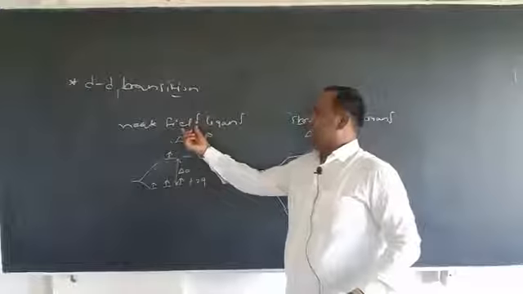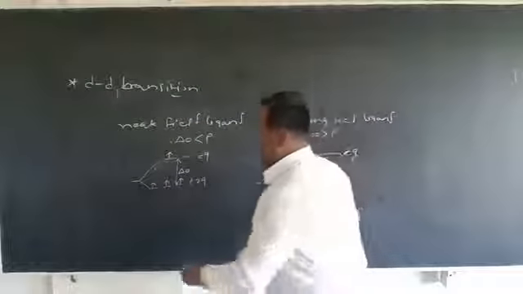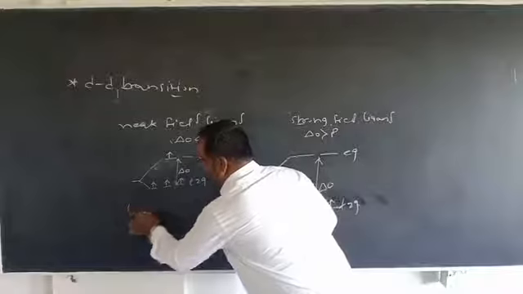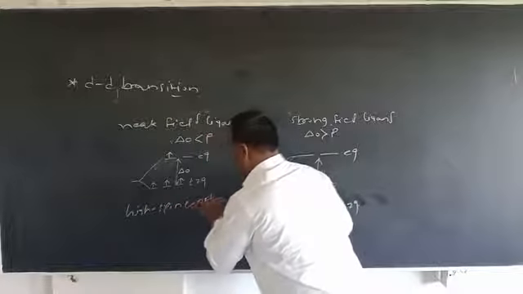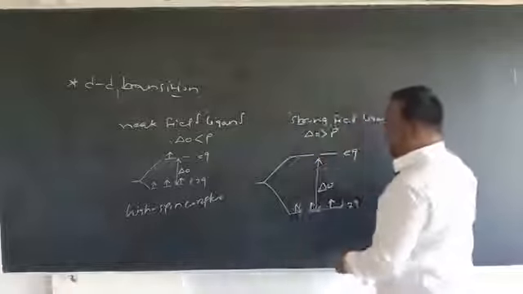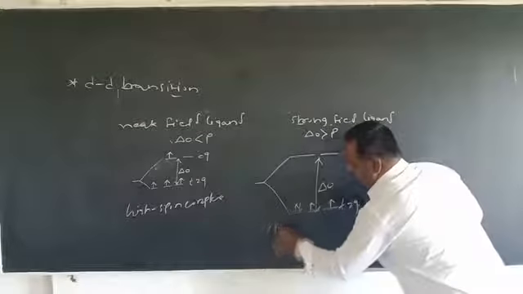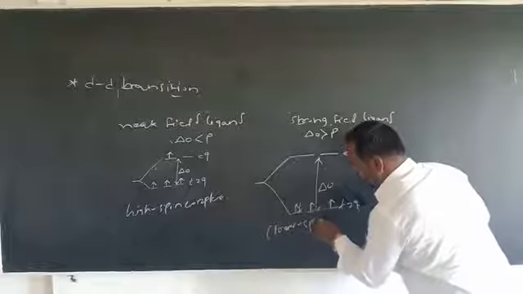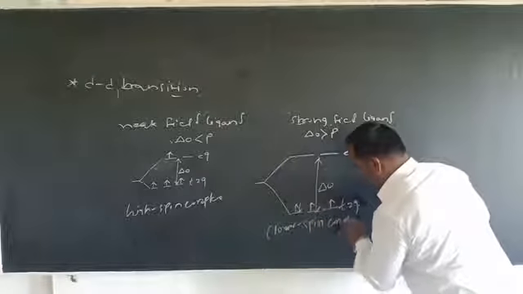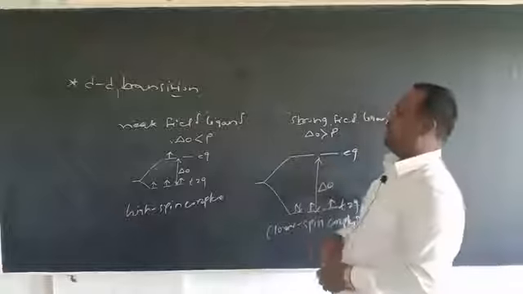In the presence of a weak field ligand, the complex which is formed is called a high spin complex. While in the presence of a strong field ligand, the complex which is formed is considered a low spin complex. So this is the effect of ligand field.